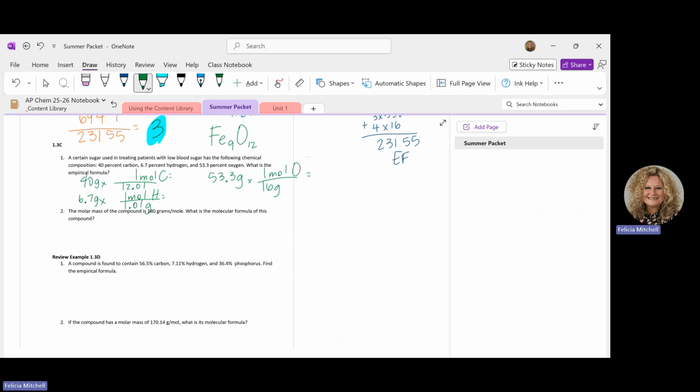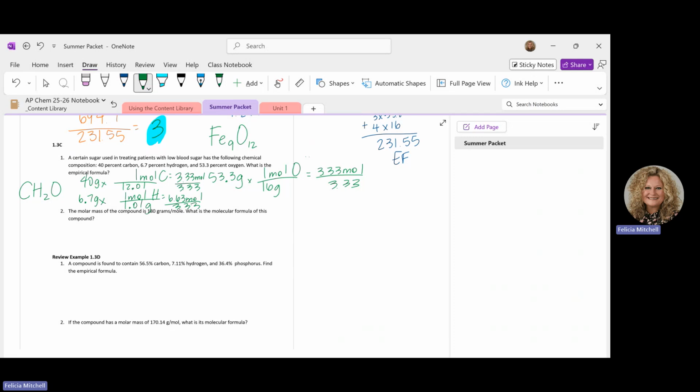You want to keep the elements somewhere or you'll get lost, so have the CHO somewhere. And that comes out to be 3.33 moles, 6.63 moles, and 3.33 moles. Well, divide by the smallest number: divide by 3.33, 3.33, 3.33. So the empirical formula is CH2O, because this is a 1, this is a 2, and this is a 1.